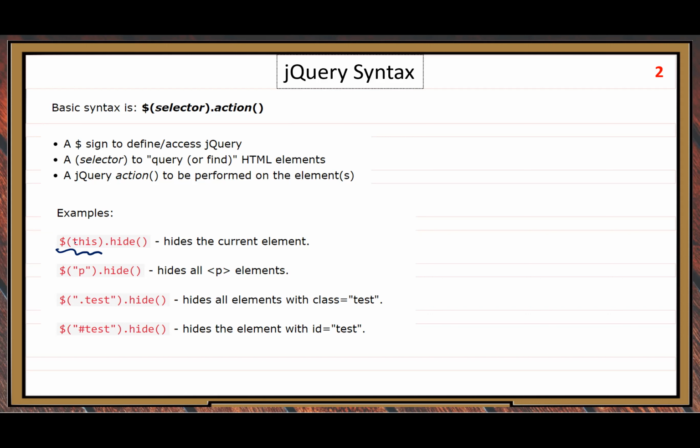The third case, dot. Before the name you put a dot, and after the dot is the name of the class. Here, I hope you have the CSS knowledge. In CSS, we use that dot to define a class. When you define a class, later when you refer to it, you use dot.